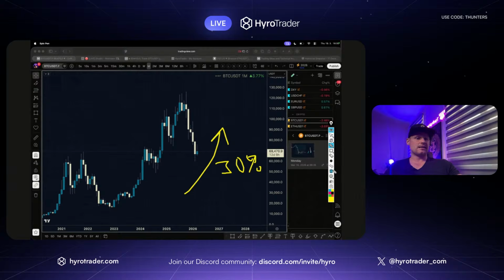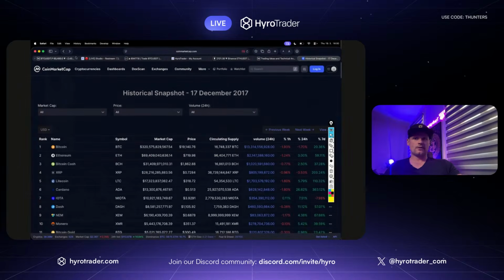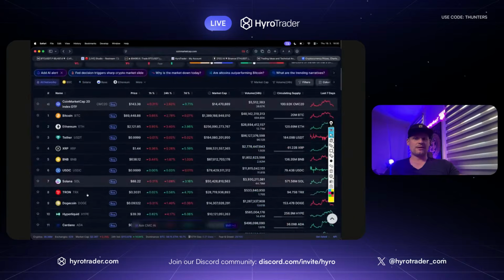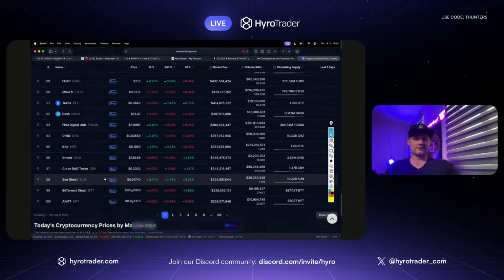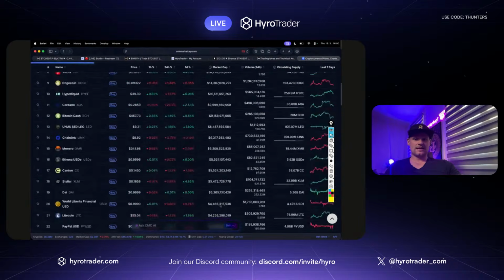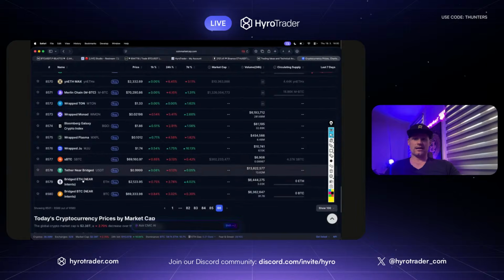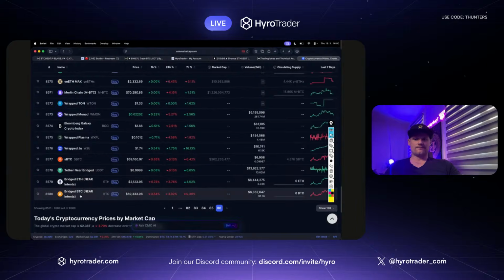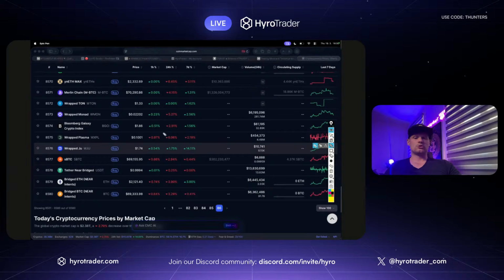There will be many individual pumps, but you need to find which one it's going to be among those millions of coins, which are basically almost the same. How many coins are there? Look, 8,000. There are like 8,500 coins, right? So choose your portfolio.